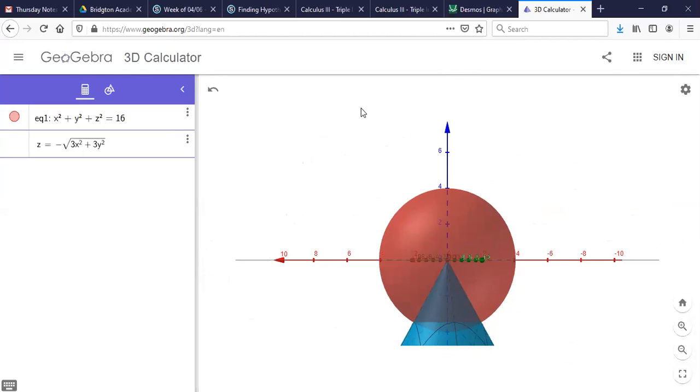All right, so let's talk about what it is I want to integrate. I'm actually going to take this a step further and say that specifically I want to integrate the function z cubed.